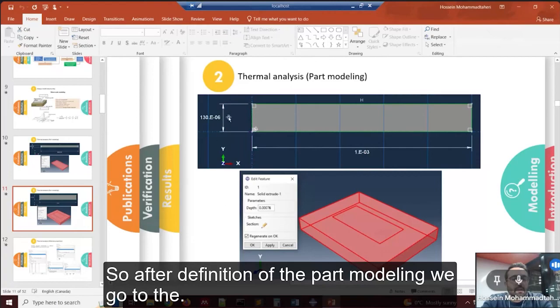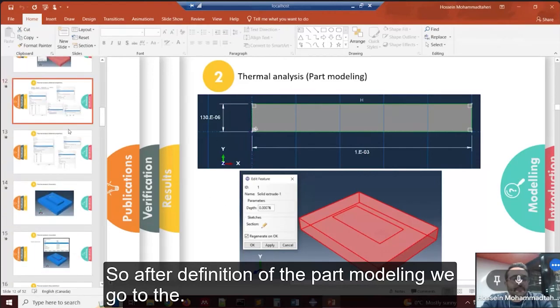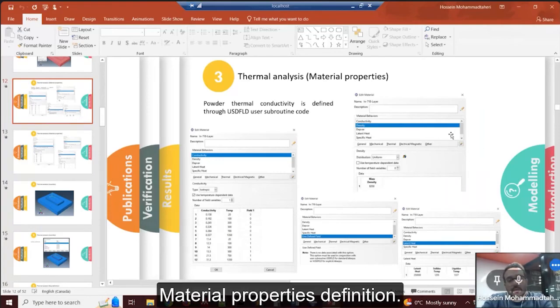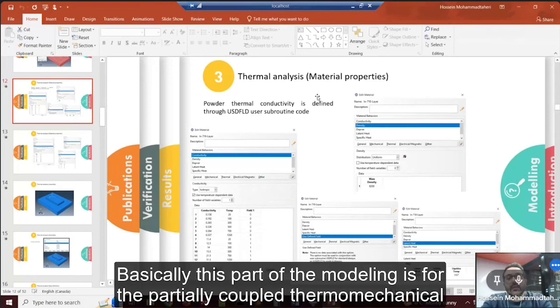After the definition of the part modeling, we go to the material properties definition. Basically, this part of the modeling is for the partially coupled thermomechanical analysis.